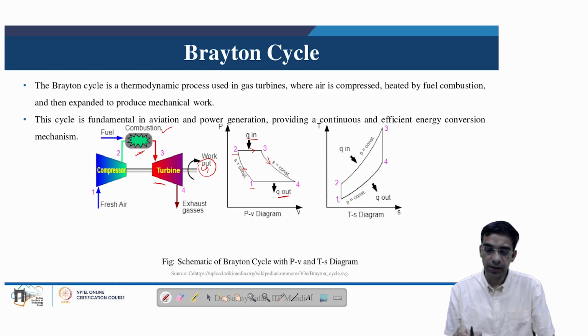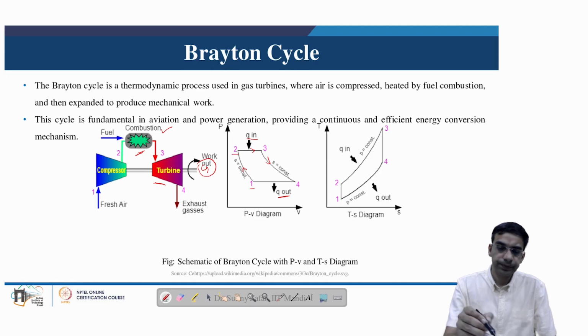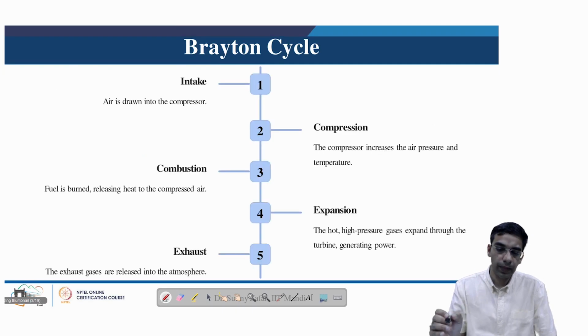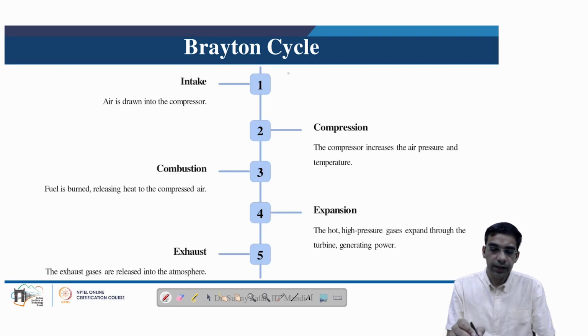Similar processes are shown on the TS diagram just to have an idea of the functioning of the gas turbine in totality. We can understand various stages in the Brayton cycle using this diagram, where in step number 1 there is the intake step where air is drawn into the compressor.